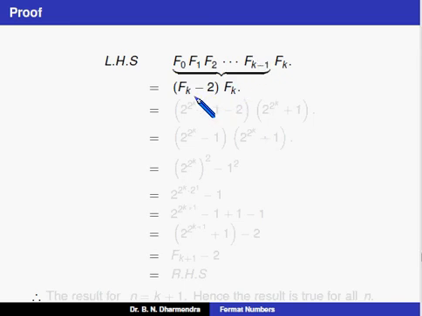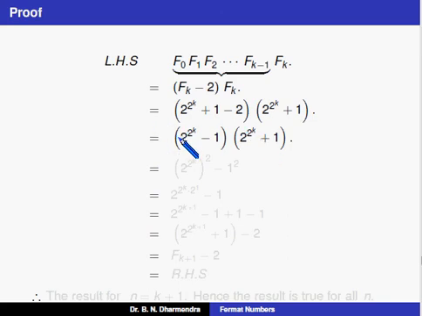And now finally we have to substitute the value of fk. So we have to substitute the Fermat number, that is 2 to the power of 2 to the power of k plus 1 minus 2, into 2 to the power of 2 to the power of k plus 1. Here plus 1 minus 2 can be written as minus 1, that is 2 to the power of 2 to the power of k minus 1, into 2 to the power of 2 to the power of k plus 1.